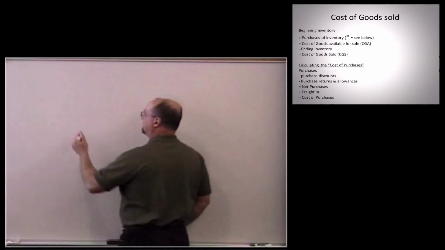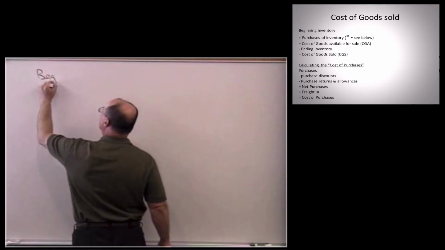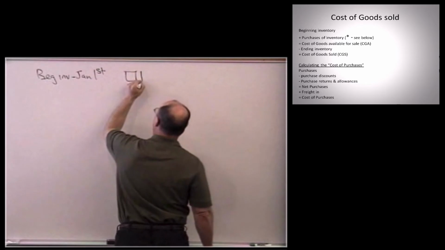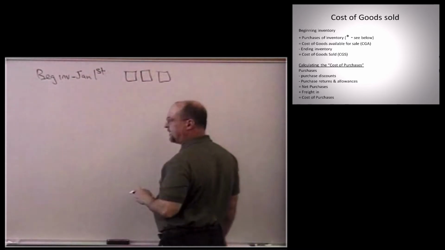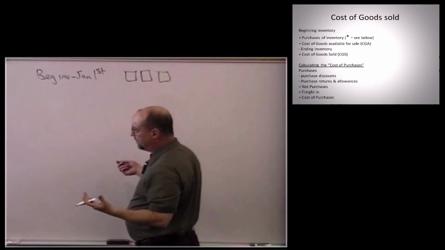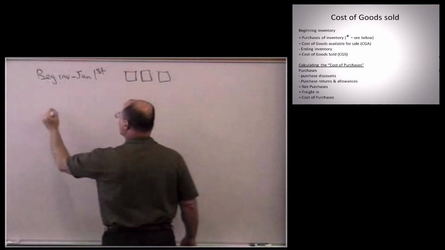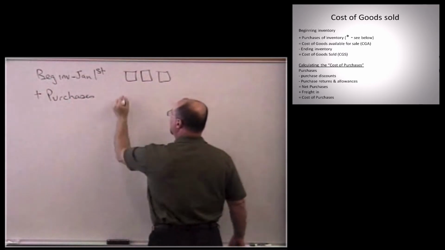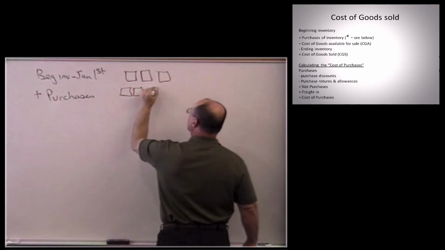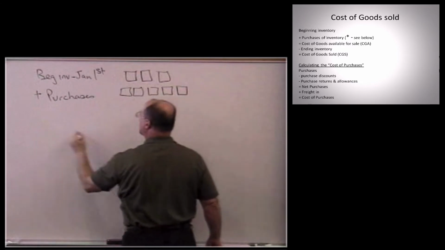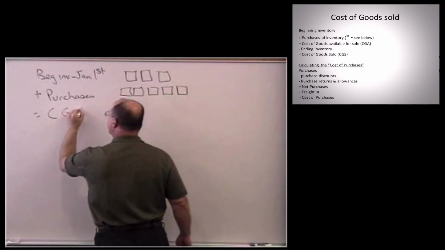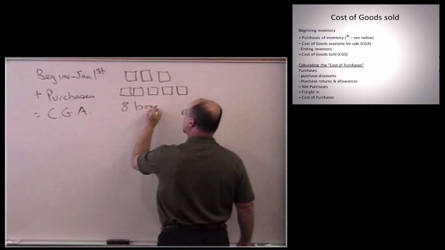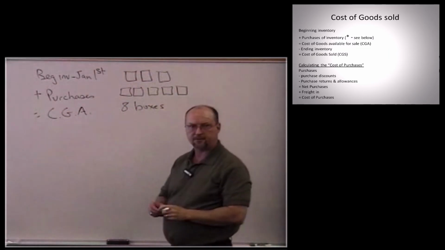I sell boxes. Okay, so my beginning inventory on January 1st, I have 3 boxes. That was last year's ending inventory. We didn't sell them. They're still here. So we begin with 3 boxes. To this, I add all my purchases made this year. I purchased 5 boxes, which means I had 8, I'm just going to write 8 boxes available to sell to my customers.